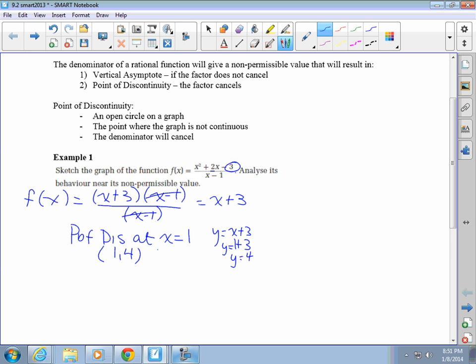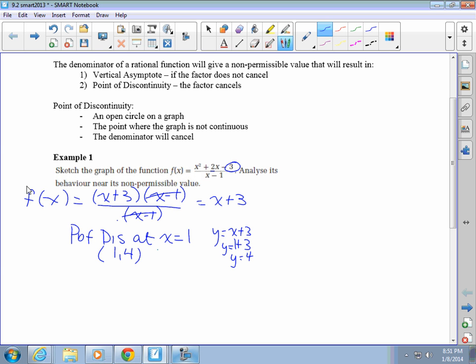The vertical asymptote occurs if there's a factor in the denominator that does not cancel. Well, in this example, everything canceled out of my denominator. So that means I'm not going to have that vertical dashed line going through. It just doesn't exist. That means that all of my y values will exist except at this one particular point.